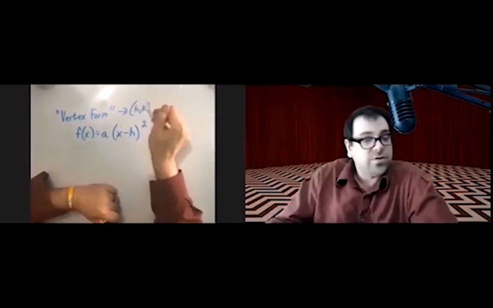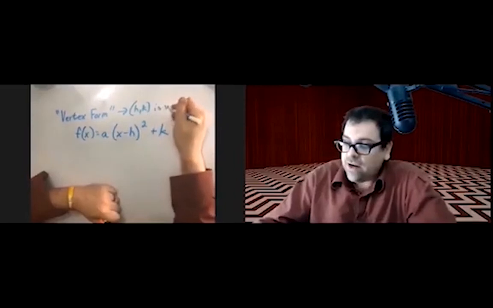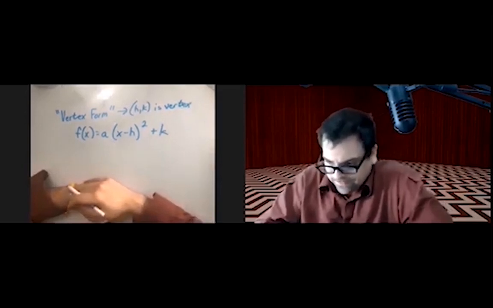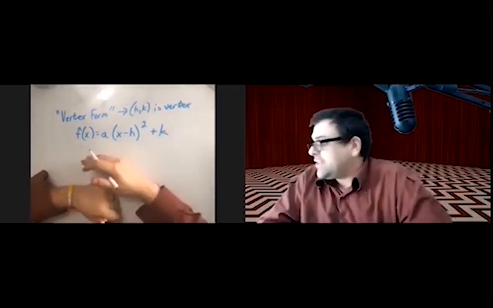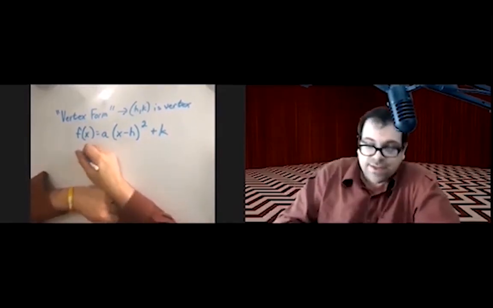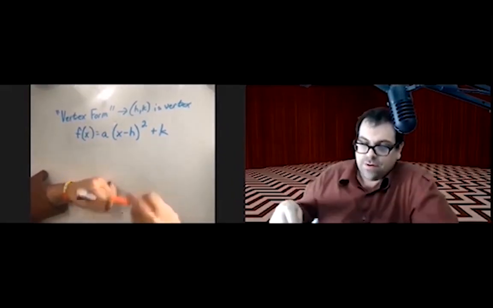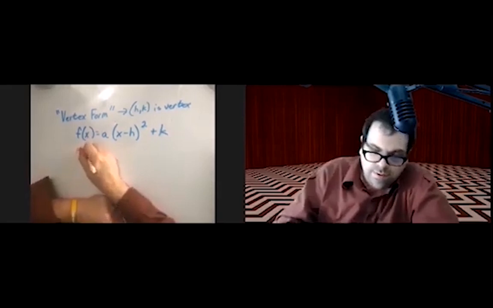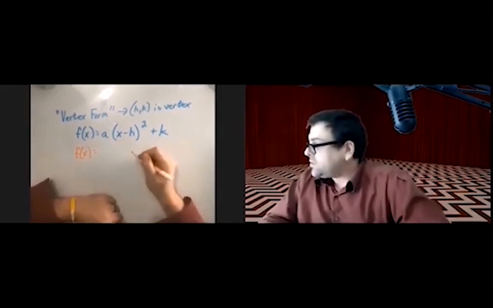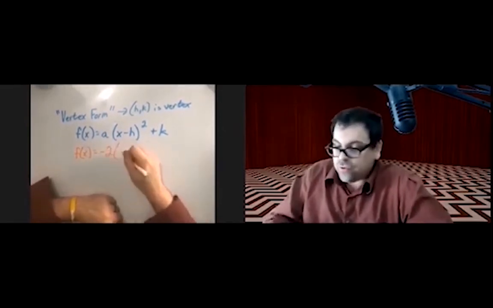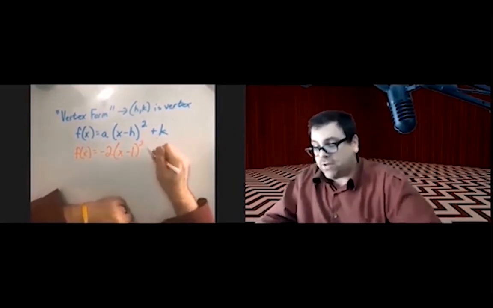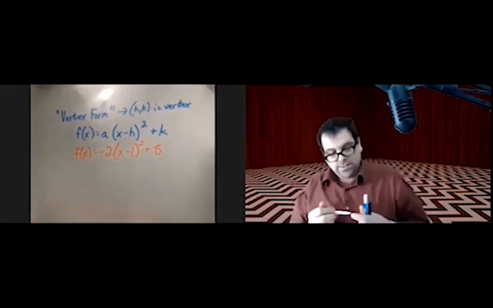So just like with the circle, hk was our center. Here, hk is the vertex. So if we're given something in this form, say for instance, f of x equals -2 times the quantity x minus 1 squared plus 8.